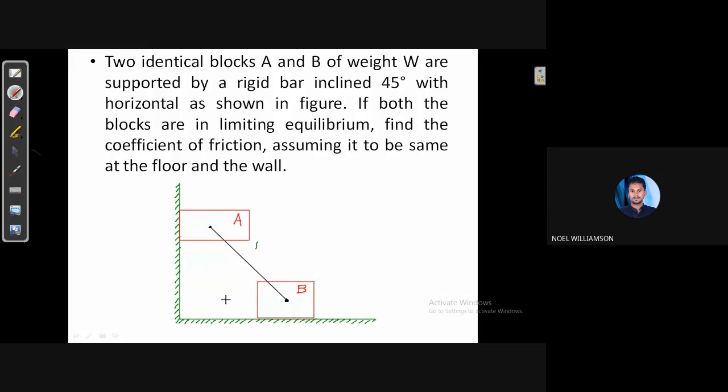With the horizontal means this is the horizontal axis, so this is 45 degrees. Now it is supported by a rigid bar. So what you can see here is a rigid bar.